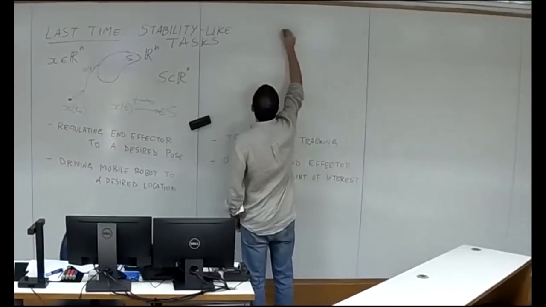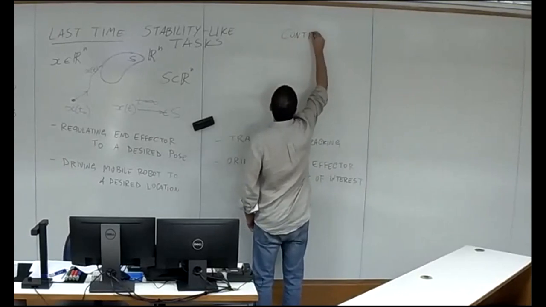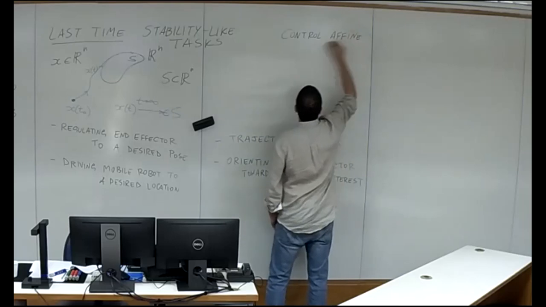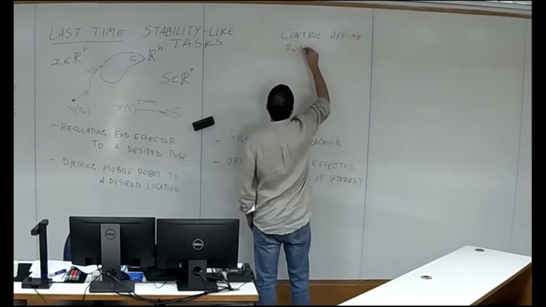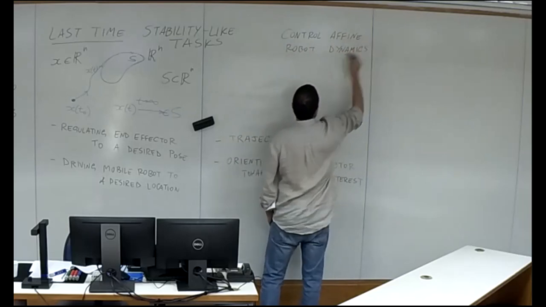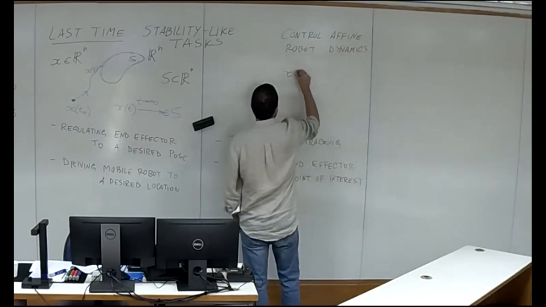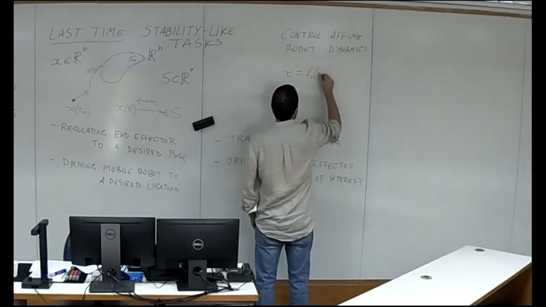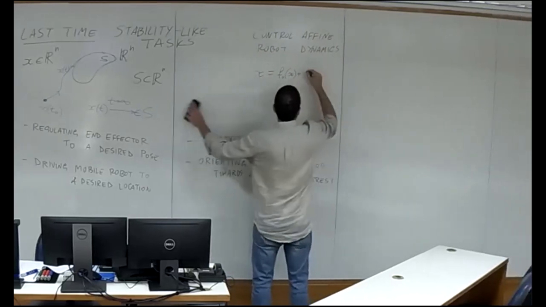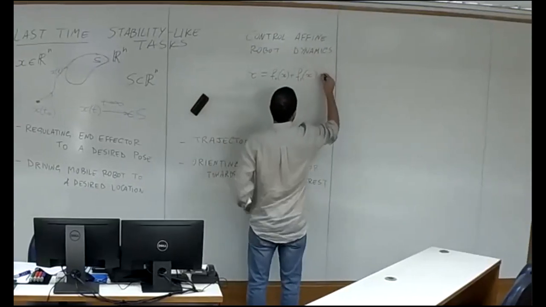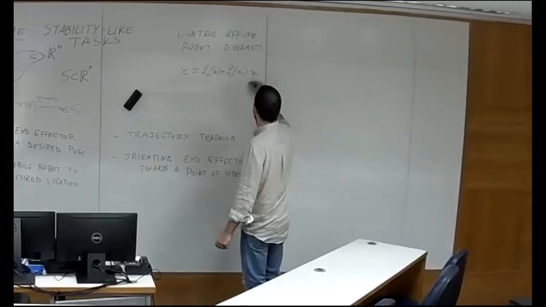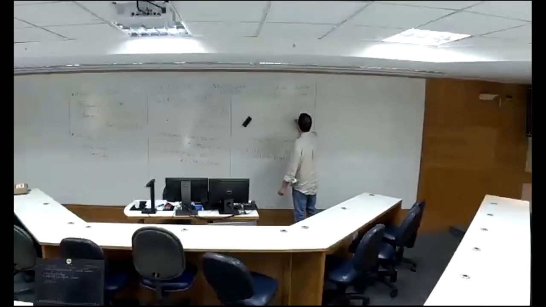And we use the so-called non-affine robot dynamics, which are x dot equal to f0(x) plus f1(x) u. U is the control input.